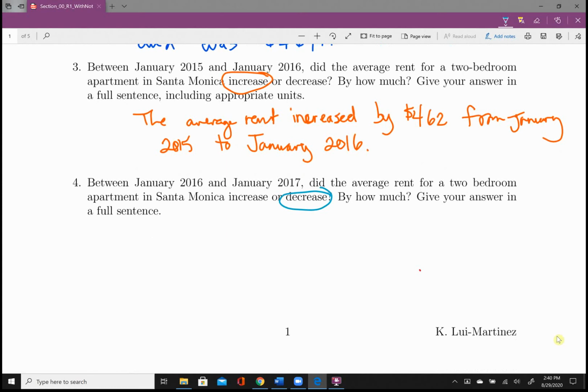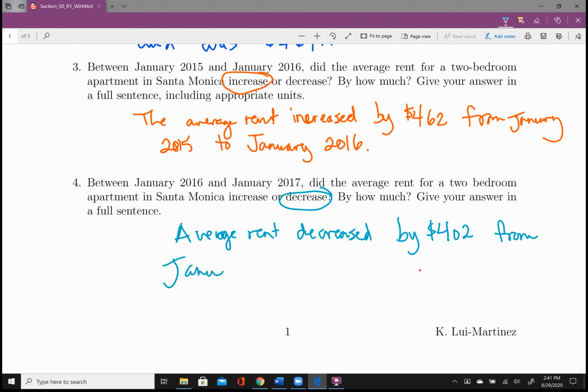Average rent decreased by $402 from January 2016 to January 2017.